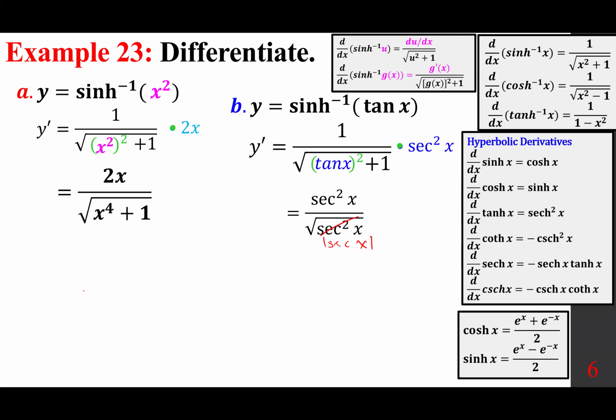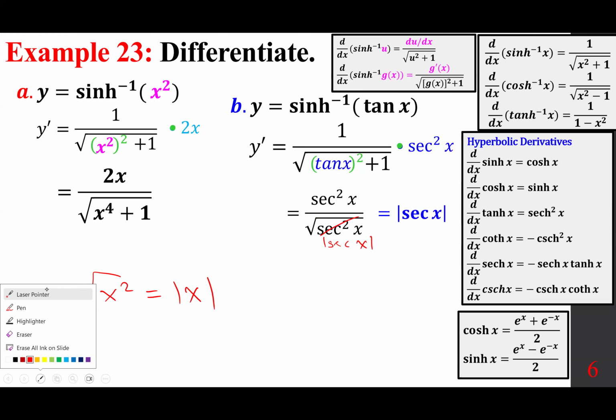I hope, again, reminding you that this one is the absolute value of x. I hope you remember that. So therefore, when we divide that, secant squared divided by the absolute value of secant x results in the absolute value of secant x.